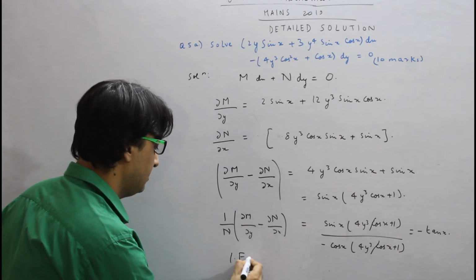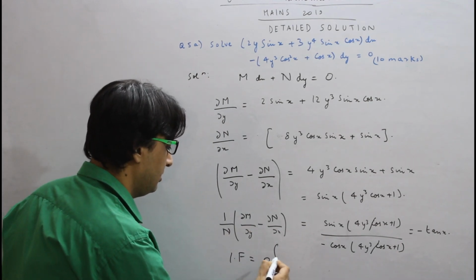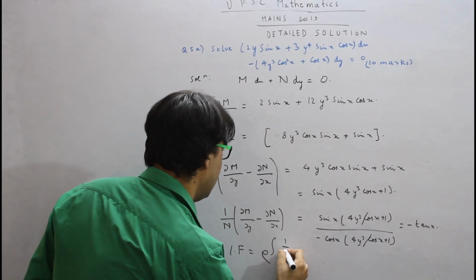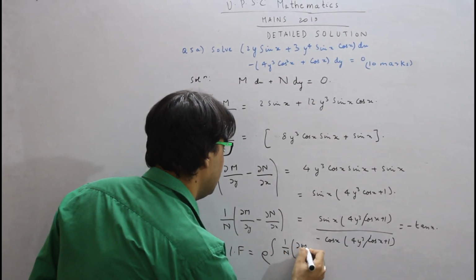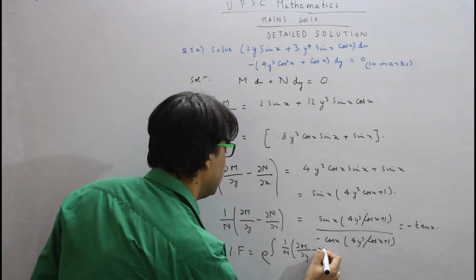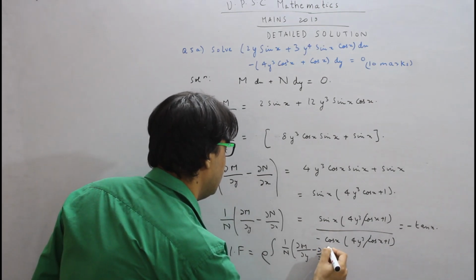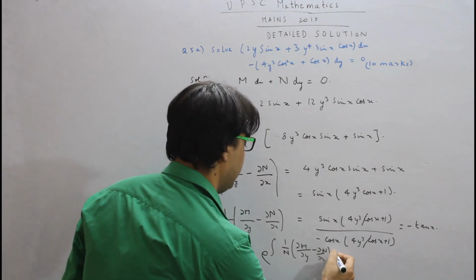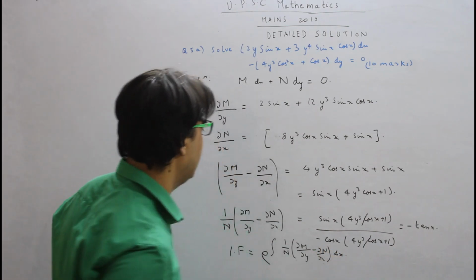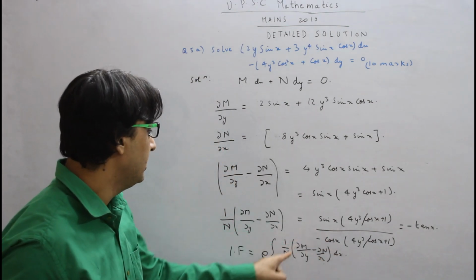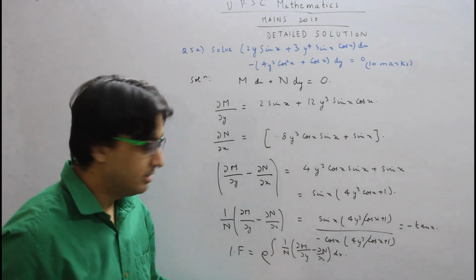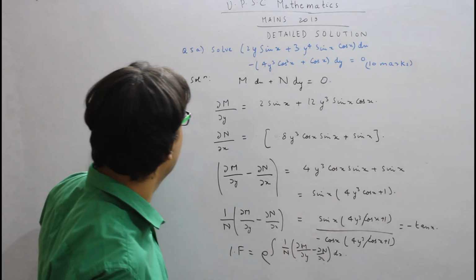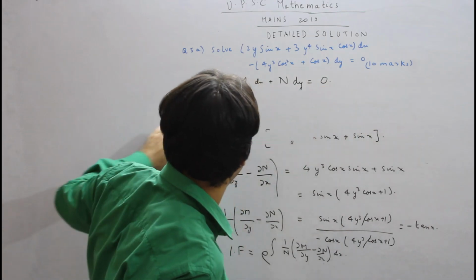Our integrating factor is e to the power integral of (1/N)(∂M/∂y minus ∂N/∂x) dx. This value whole is minus tan x, so we can write it in the upper portion.